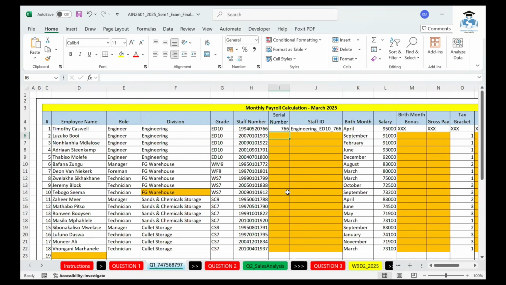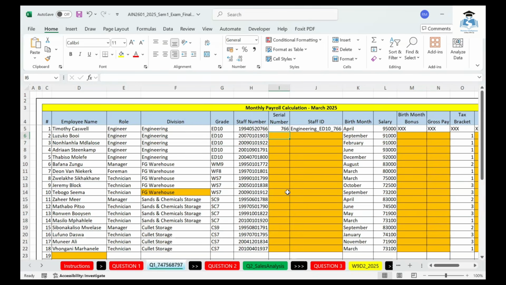You are given the example here on the top there. Serial number is 766. And I think they took it from the student number. So what's the formula that we need to put there in order to have our serial number?